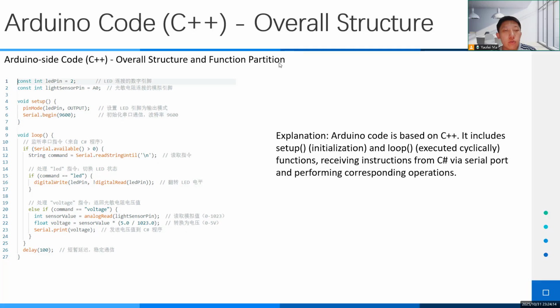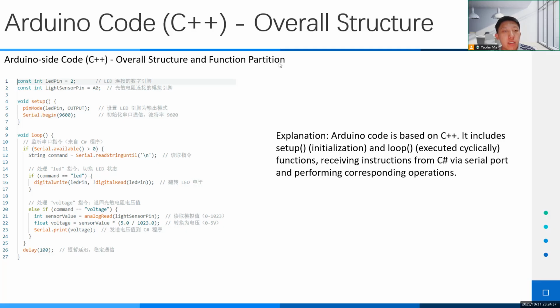Lines 9 to 27, loop. Arduino checks if there's a command from C#. If yes, it reads the command and acts. If the command is LED, it flips the LED state, on becomes off, off becomes on.